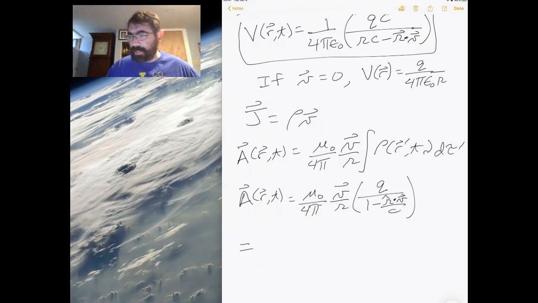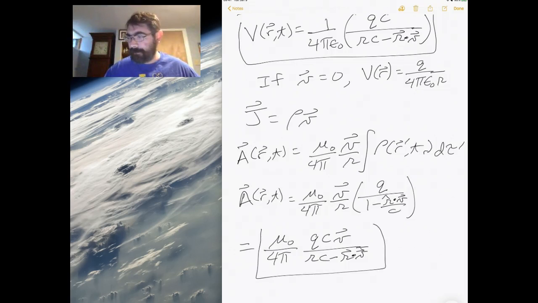What you get is mu 0 over 4 pi q c times the velocity divided by rc minus r dot v.